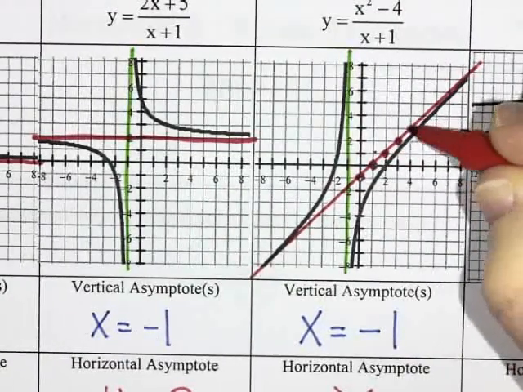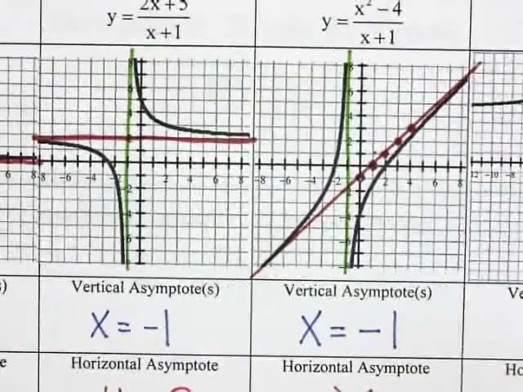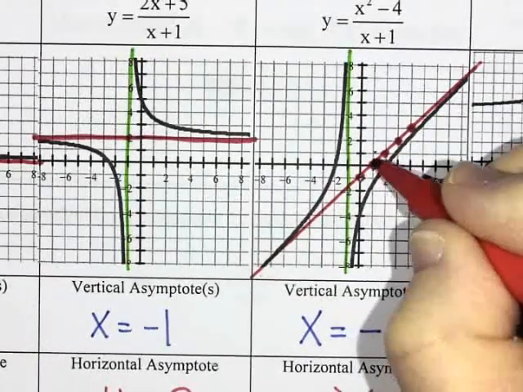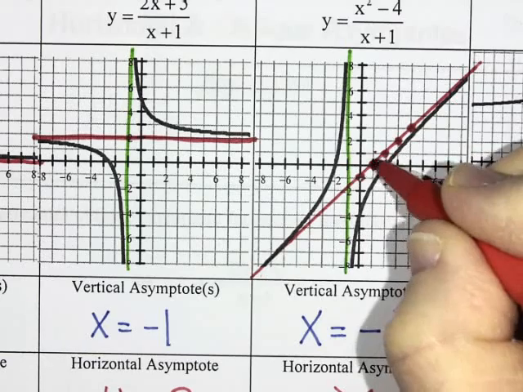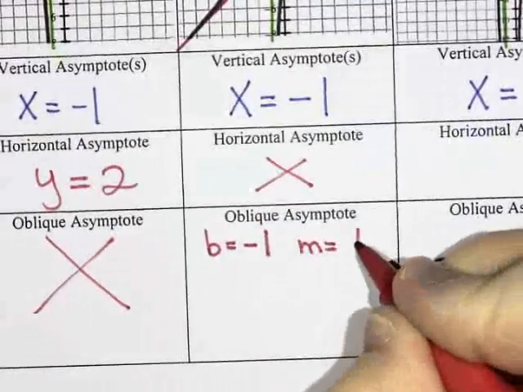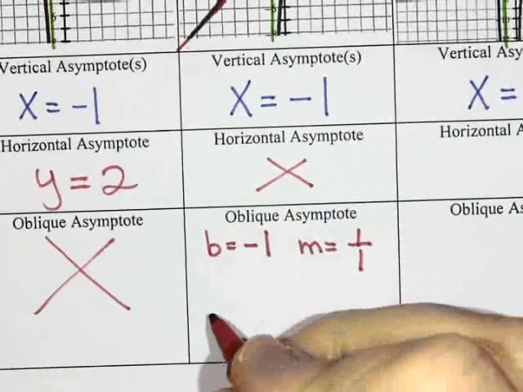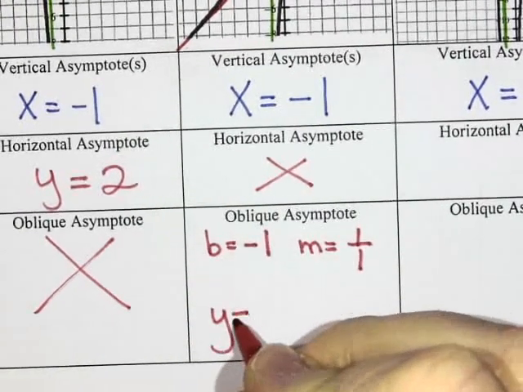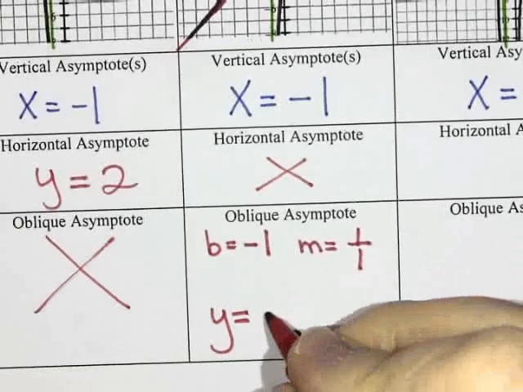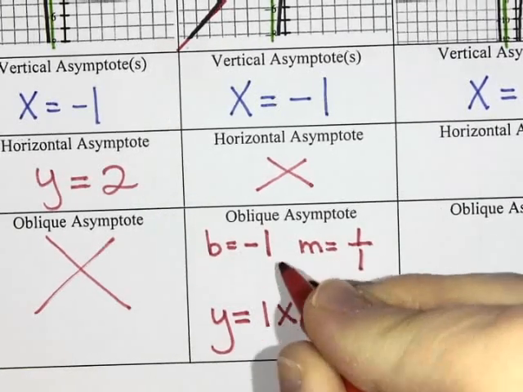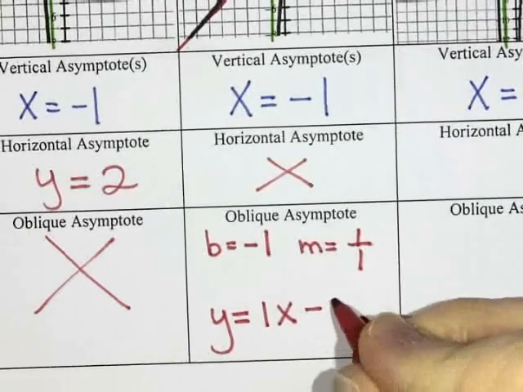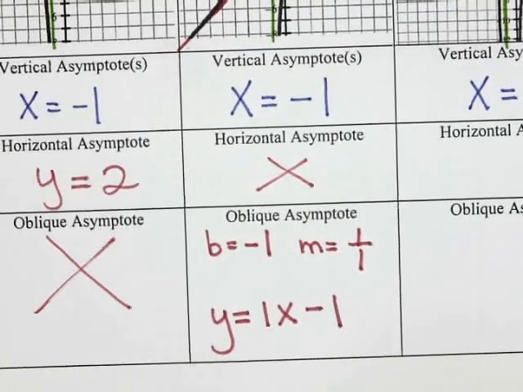So I feel good saying that the slope is up 1 over 1, or 1 over 1, which is the same thing as just 1. So my equation is going to be y equals mx plus b, so 1x and then plus b, or in this case, -1.